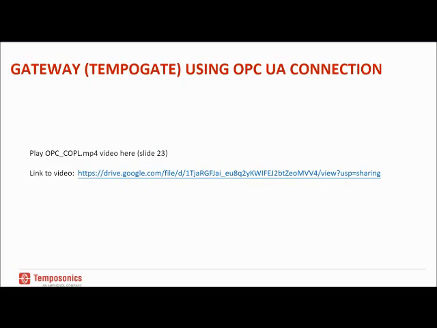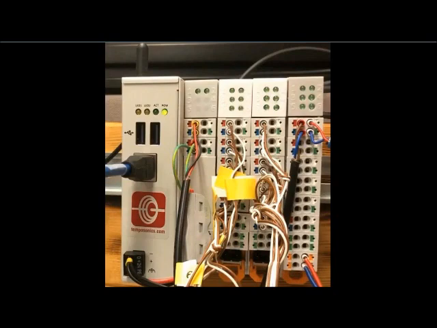So this next slide should actually be of our gateway connected to multiple sensors. And you can see the LEDs that are blinking there. Those LEDs are basically signs of COPL communication taking place. As long as there's blinking at each of those LEDs, that means each channel is transmitting COPL related data between the sensor, which you can't see because there are multiple ones, it'd be hard to put them all in the picture, and the actual gateway, which is, as I said, the larger box on the left.